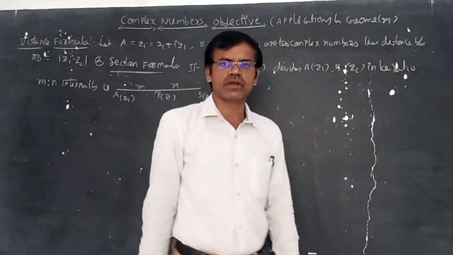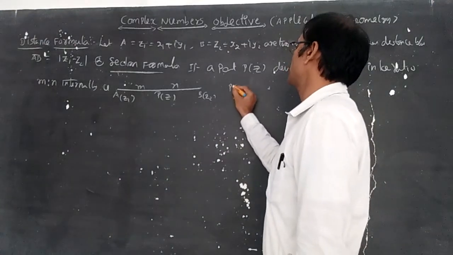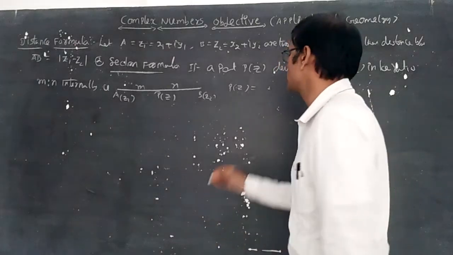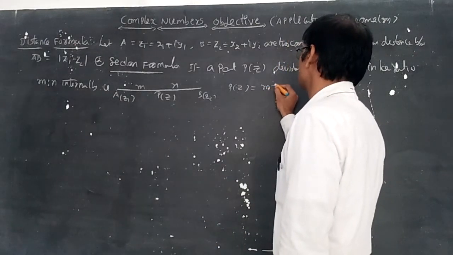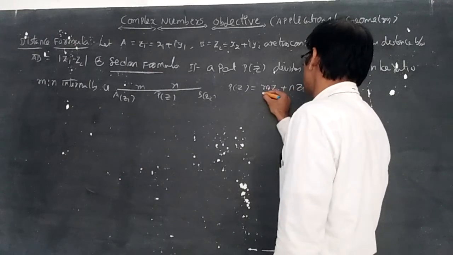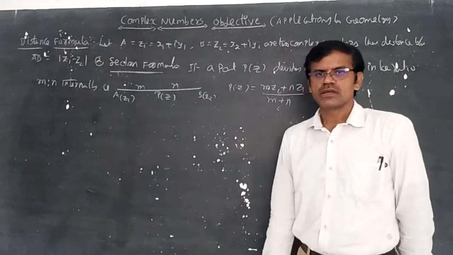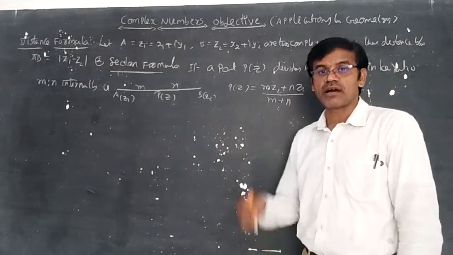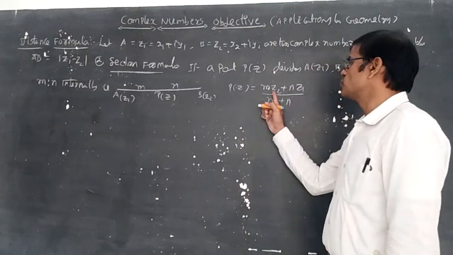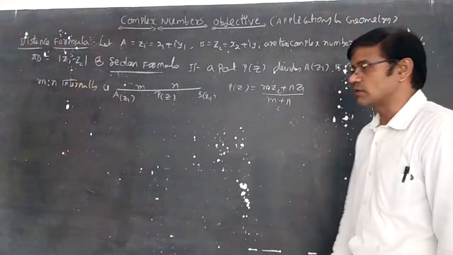So if A(Z1) and B(Z2) are two complex numbers, and P(Z) divides AB in the ratio m is to n, then you can write m Z2 plus n Z1, by m plus n. This is nothing but (m x2 plus n x1, m y2 plus n y1). Z2 means x2 plus i y2 and Z1 means x1 plus i y1.